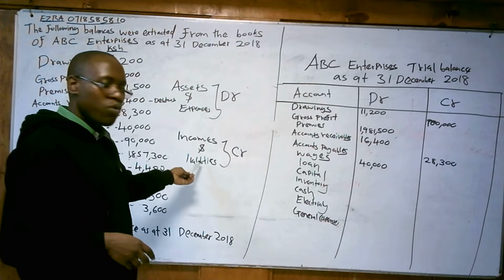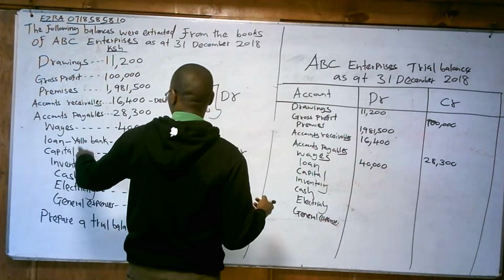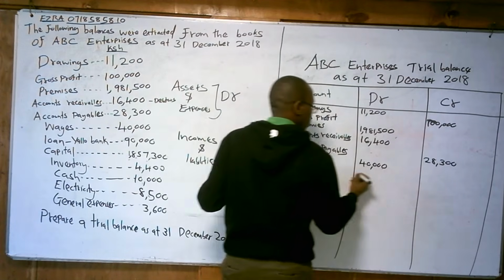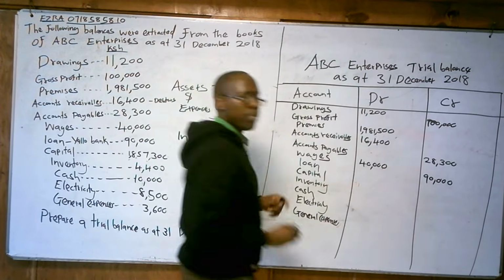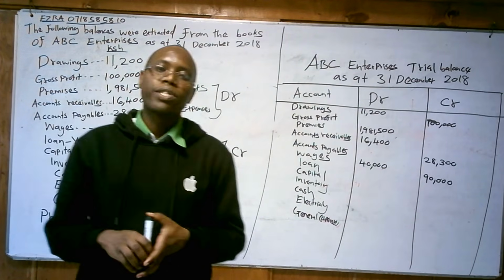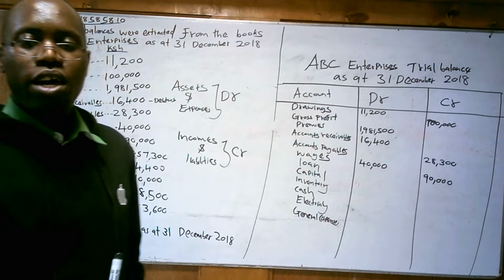So the loan from the Yellow Bank, the 90,000, is going to appear on the credit side, because those are liabilities.